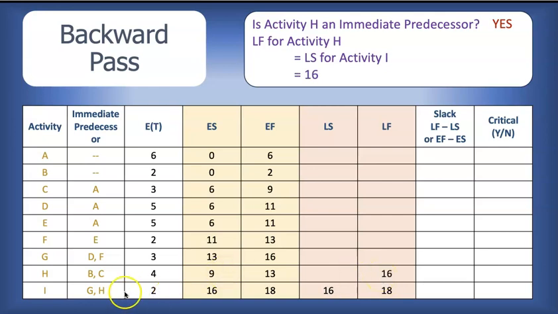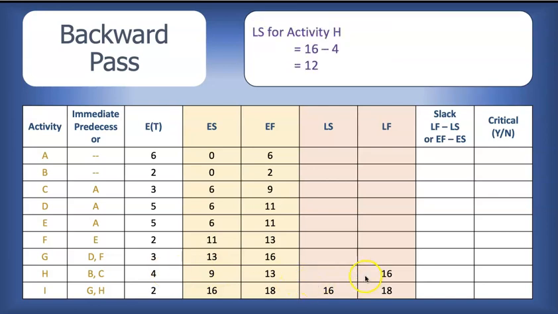So activity H needs to end by week 16. To get the latest start time, we simply subtract the expected time. So 16 minus 4 is 12.